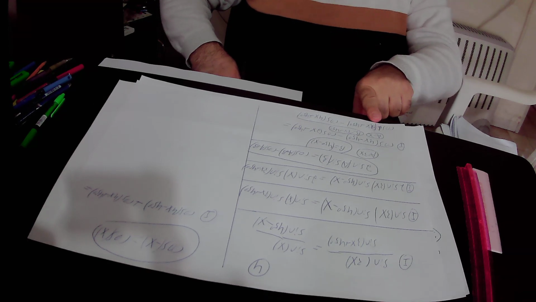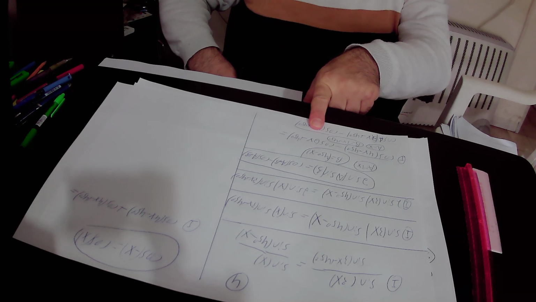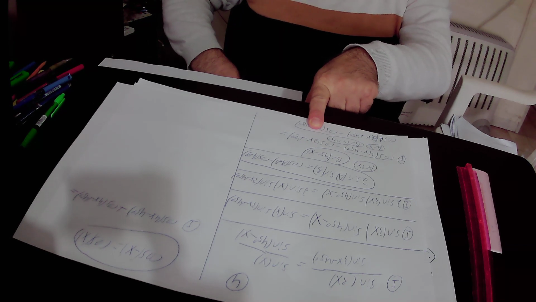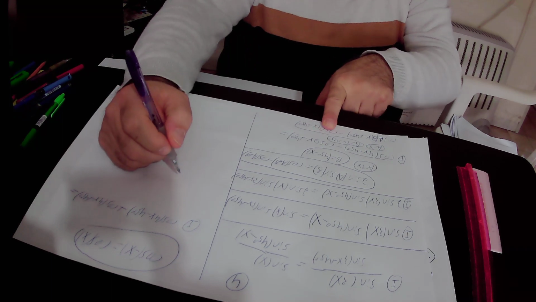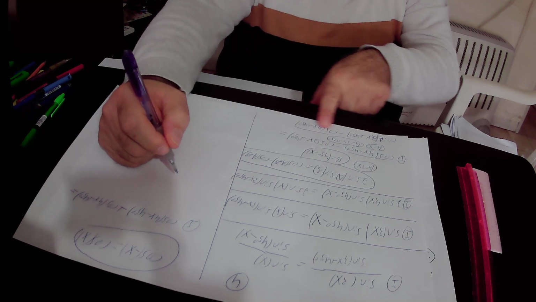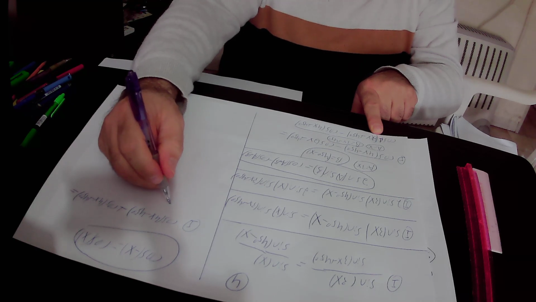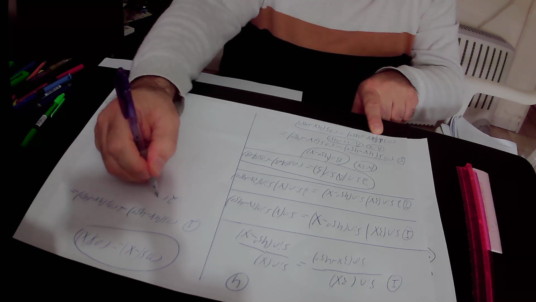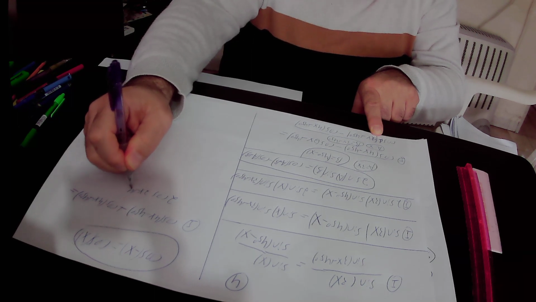So here we have minus cosine 2x plus 45 degrees. So we will add cosine 2x plus 45 degrees to this equation number 1, and we will get cosine 2x plus 45 degrees plus cosine 2x plus 45 degrees, which is equal to 2 cosine 2x plus 45 degrees.